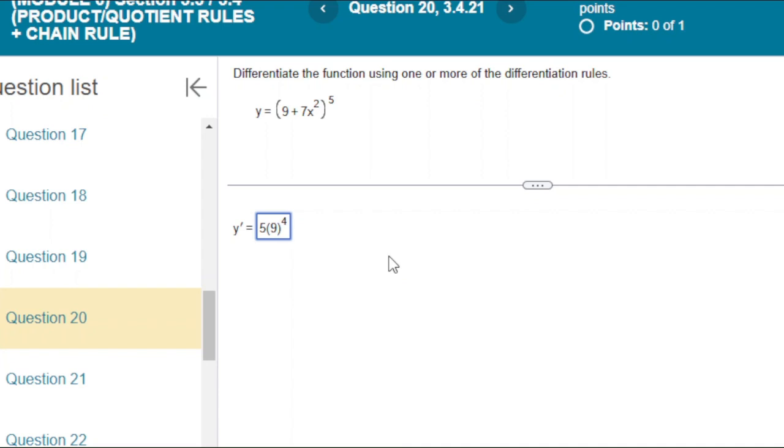We have 9 plus 7x squared. 5 times the something to the 4th, but then times the derivative of the something. And the derivative of 9 plus 7x squared is really just 14x. So notice we have the derivative of the outside function, x to the 5th is 5x to the 4th, but we don't put 5x to the 4th. We put 5 times the inside function to the 4th, and then times the derivative of the inside function. Okay, that's how you do the chain rule.